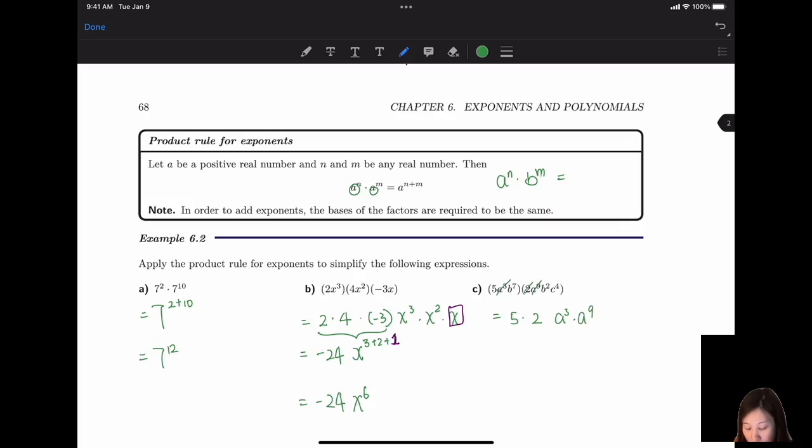We still have b to the 7th power and b to the 2nd power, and then c to the 4th power. Now we group them. After we group them, we have 10, and then a to the 3 plus 9 power, and b to the 7 plus 2 power, and then c to the 4. So we have 10 a to the 12th, b to the 9th, and c to the 4th.